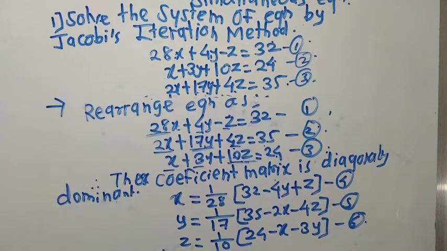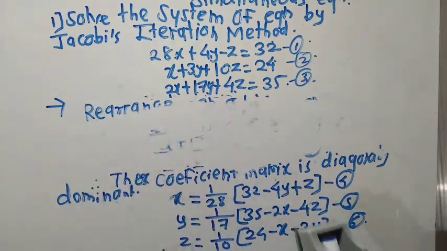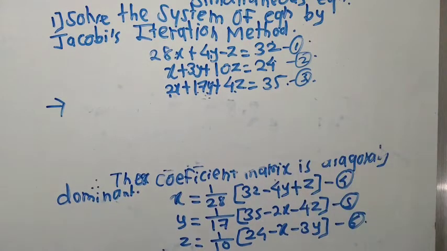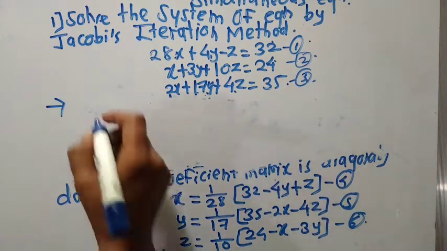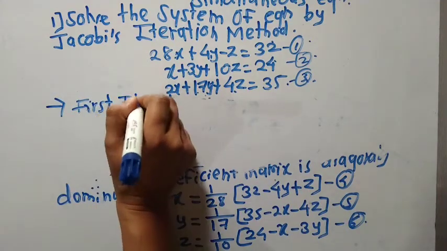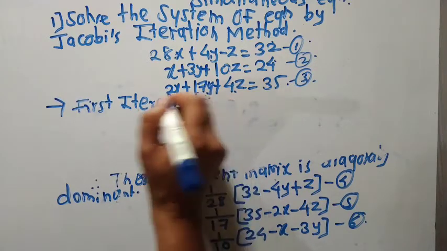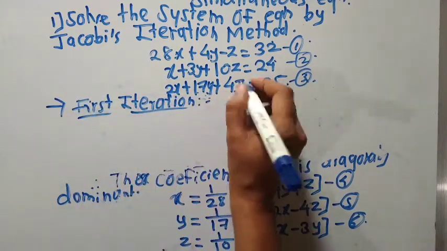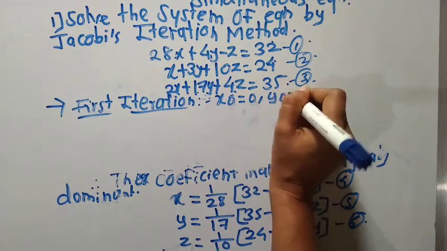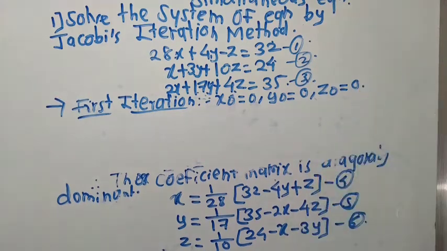Then find out first iteration by using fourth, 5 and 6. x0 is equal to 0, y0 is equal to 0, and z0 is equal to 0.